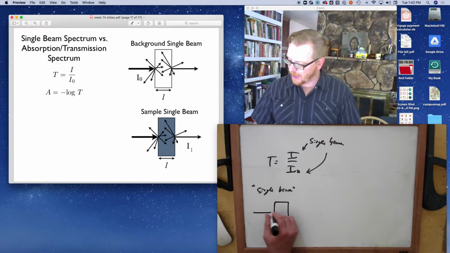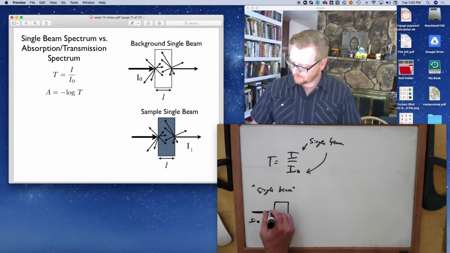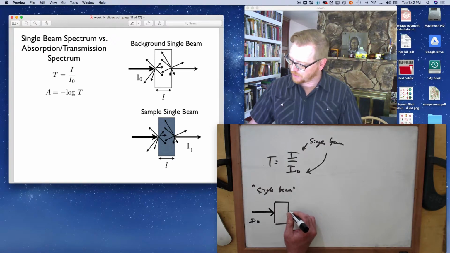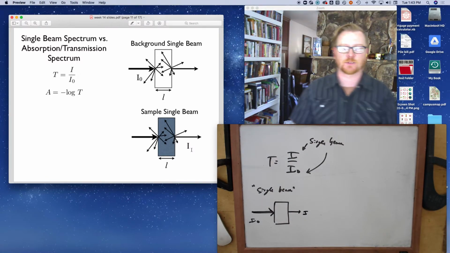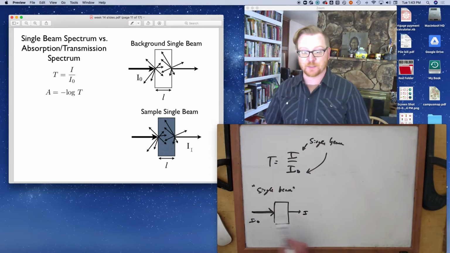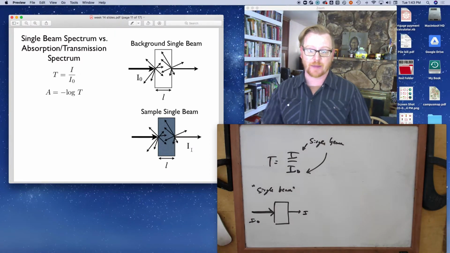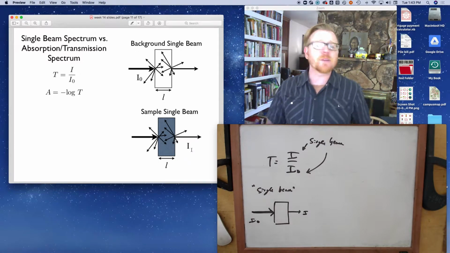So you still have an incoming incident light, and you still have an outgoing intensity at a smaller intensity. And so we could do a transmittance of just this one single beam, by taking T as I over I naught.